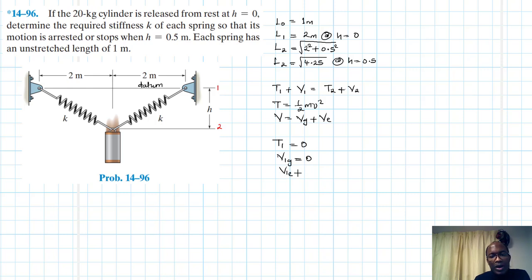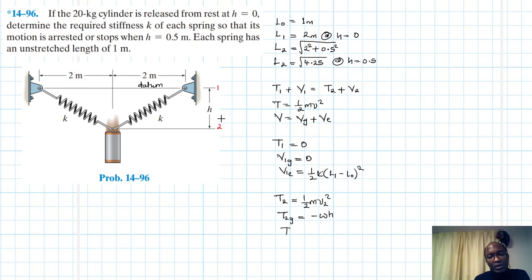And then V1E, which is elastic potential energy at that point, is just equal to half K times L1 minus L0, squared. Then we have T2, the kinetic energy, which we'll call this value. And then V2G is just minus W times h.